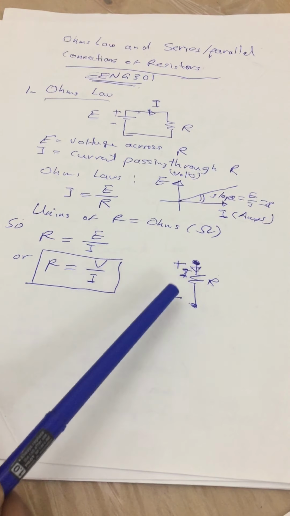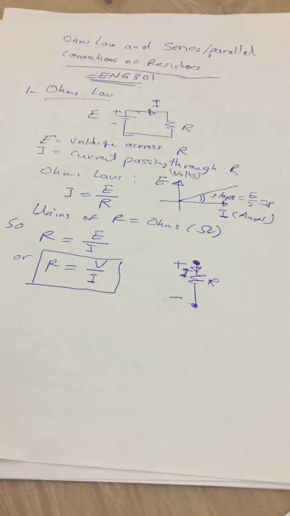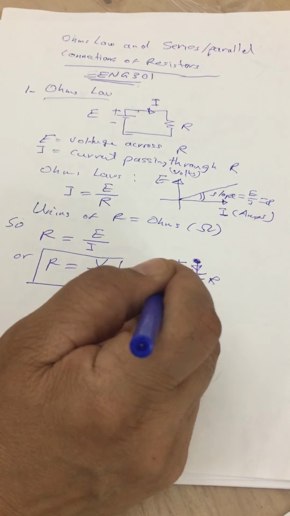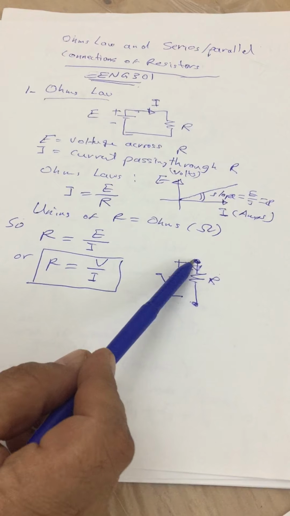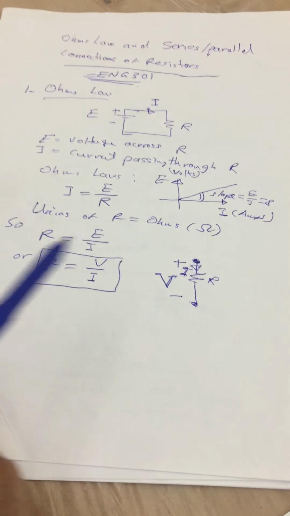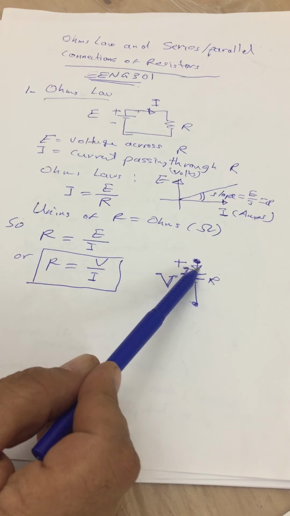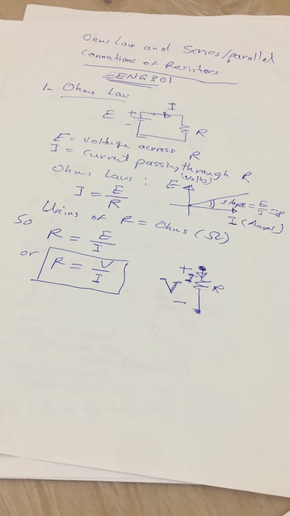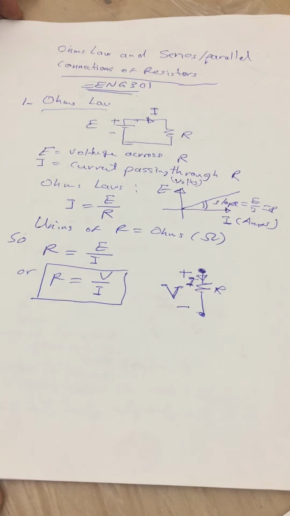So this is plus, this is minus, which means this node is higher than this node by a value V. So this V here, in volts, means that this node is higher than this node by that much voltage. And the current will flow from the higher voltage node to the lower voltage node. So this is basically Ohm's law, and this is the first fundamental law in electric circuits.